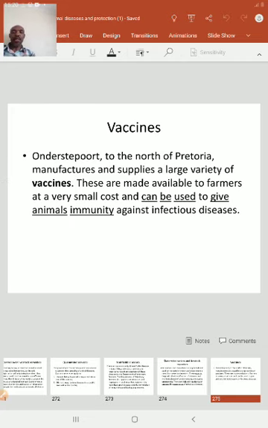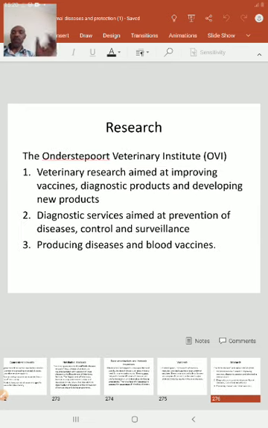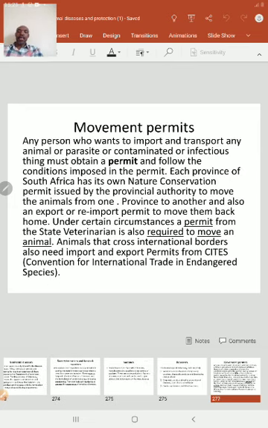We've talked about vaccines that are given to animals to increase their immunity against diseases. Vaccines come through a process called research. Even for COVID, there are a lot of research institutes busy trying to produce vaccines to prevent it.